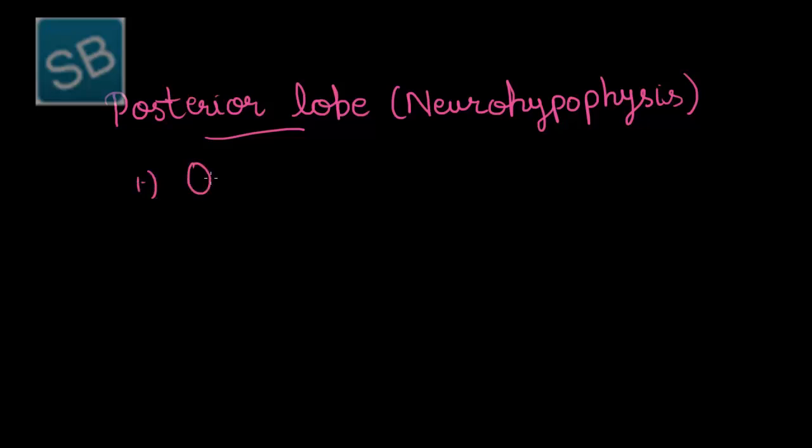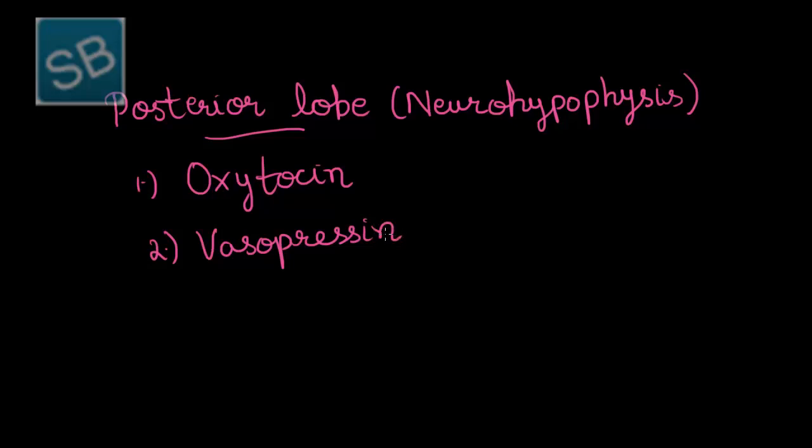First is oxytocin and second vasopressin. In females, oxytocin stimulates the widening of uterus at the time of childbirth.